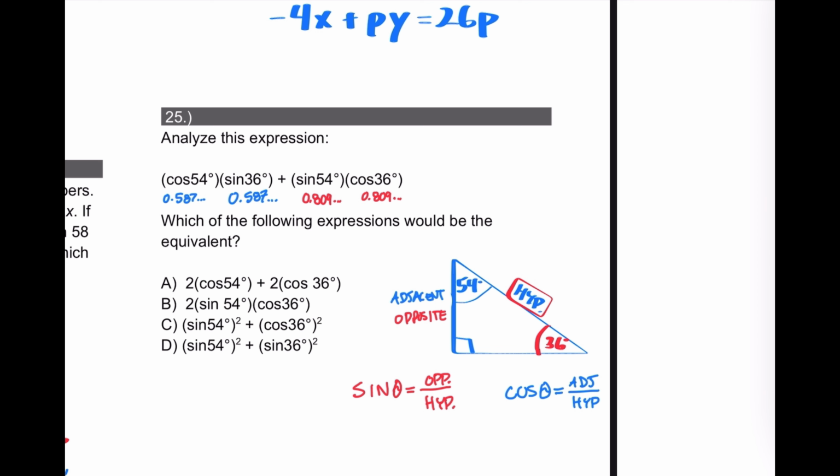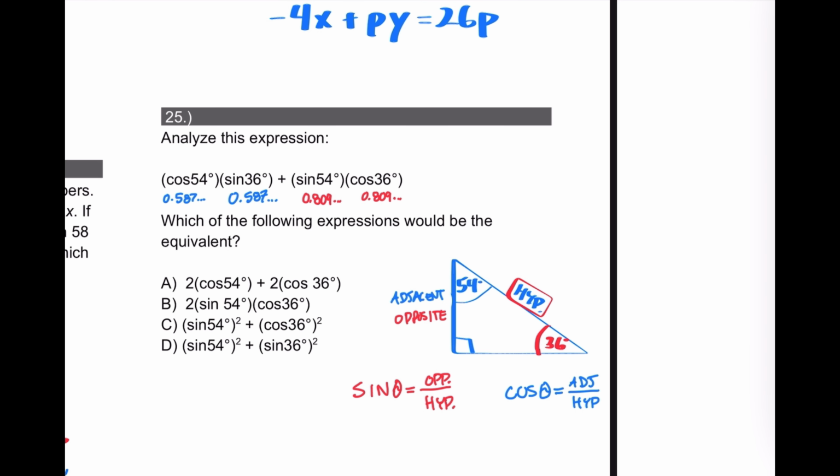All right, throwing a little trig in there on the next one. It says analyze this expression. We have the cosine of 54 times the sine of 36 plus the sine of 54 times the cosine of 36. Okay, which of the following expressions would be the equivalent? Without knowing anything about trig, you could actually just put cosine of 54 into a calculator to get 0.587.